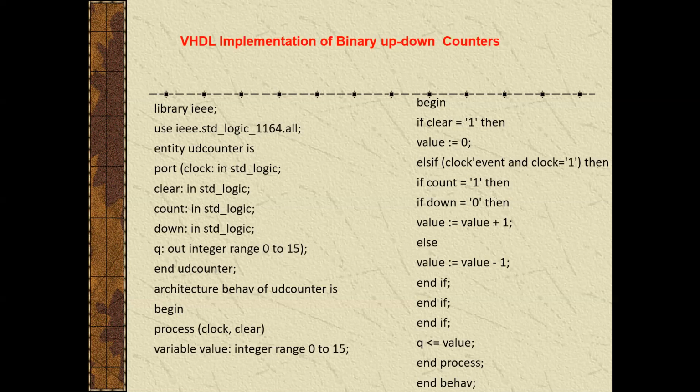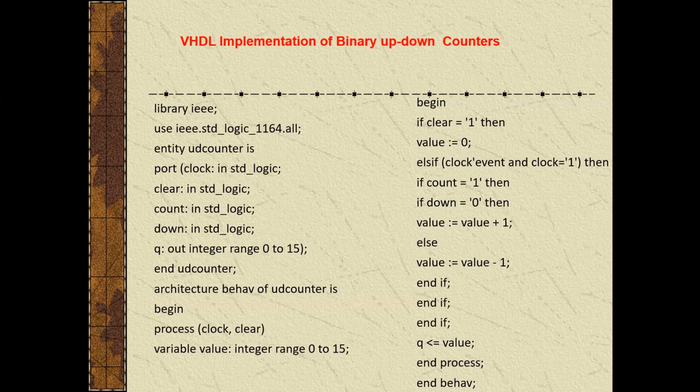If clear equal to 1, then value equals 0. If there is any clear equal to 1, then value is put to 0. Else if the clock event is there and clock is 1, then if count equal to 1, whatever the value is present, it should be incremented by 1.